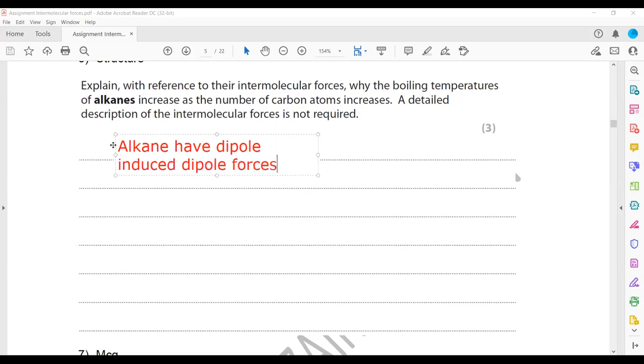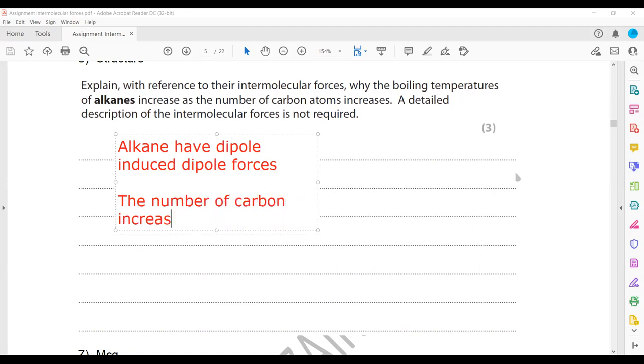That is one thing. Then as the number of carbons increases, the number of electrons will also increase.